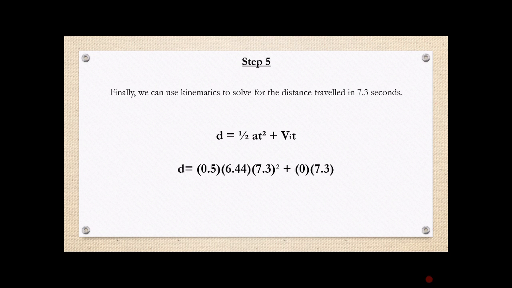So here we plug the figures that we've already found. Obviously the initial velocity is 0, and that gives us our answer, which is the distance it would travel in 7.3 seconds is 171.6 meters.